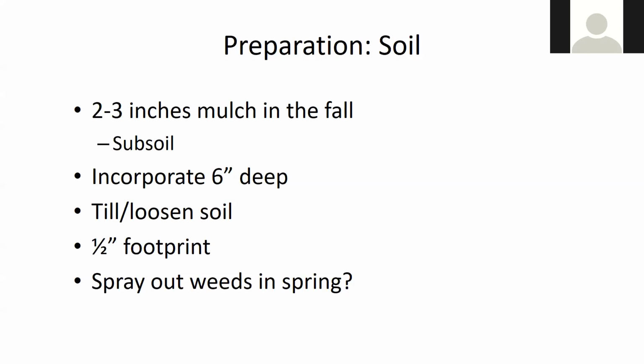And then you might be able to do another inch or so in the spring. You don't need to, but you want to get that incorporated about 6 inches deep. And then when you plant your seed and everything's raked out and ready to go, you know that you've done things right. If you're putting about a half inch footprint in the soil, that's about the ideal texture of the soil to allow the seed to germinate.